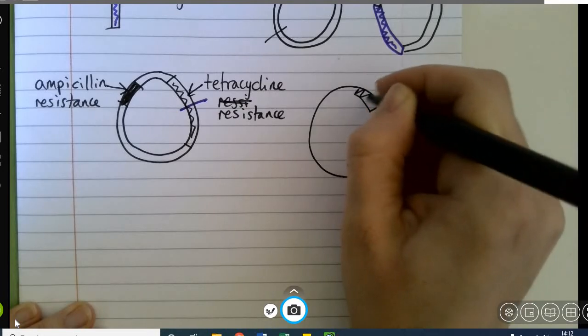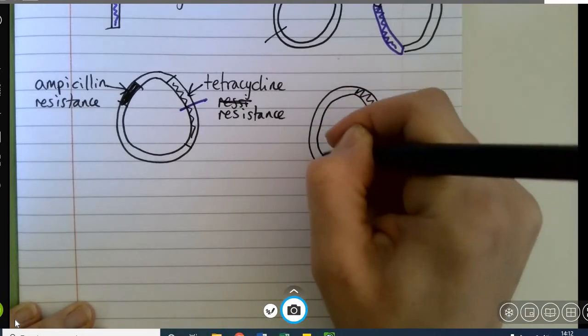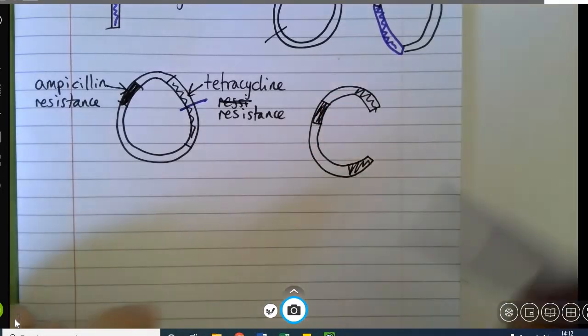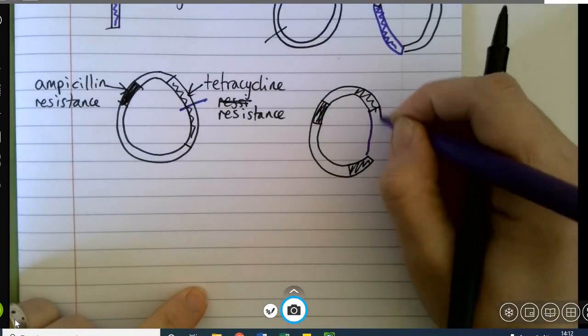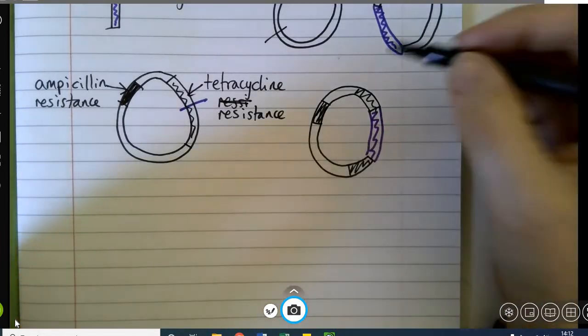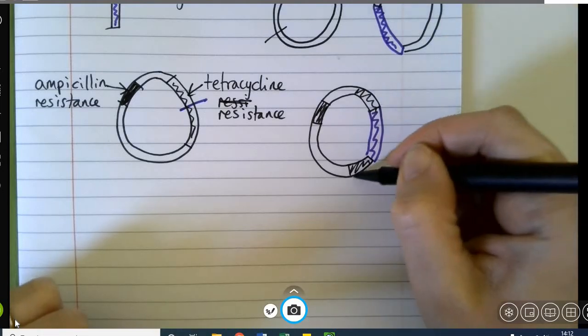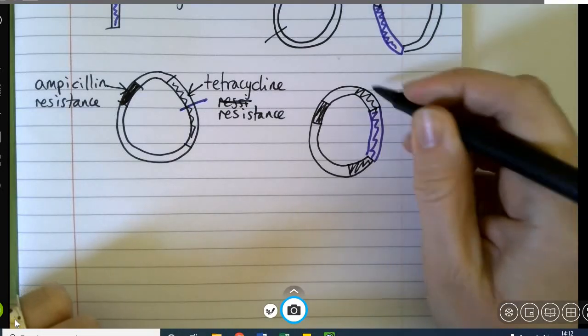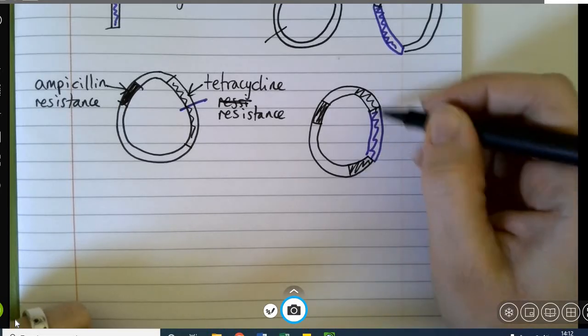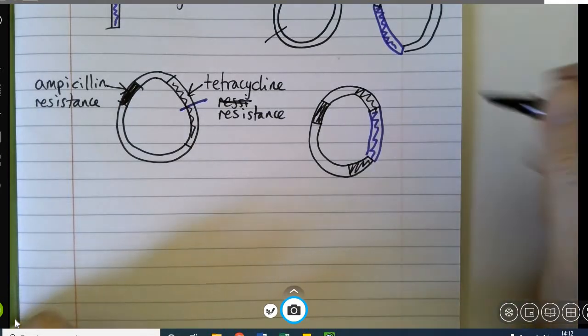Now what that means is we've no longer got that piece of code in the right order, because there's going to be something else put in here, and that's our insulin gene. So the bacteria can no longer use this bit and this bit here to make the product that makes them resistant to tetracycline, which means it's lost its resistance to tetracycline.